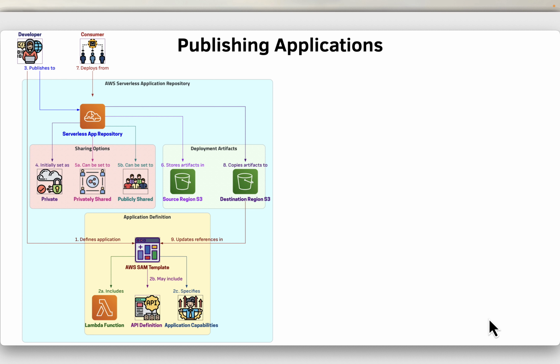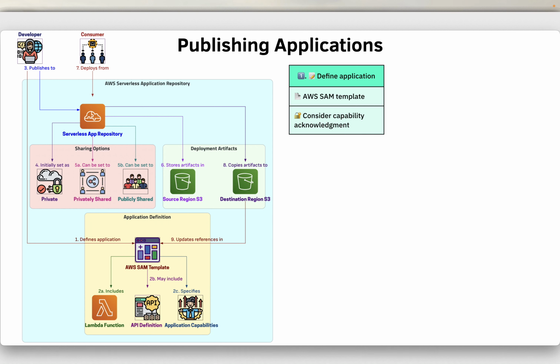So next is publishing applications. To publish a serverless application to the AWS Serverless Application Repository, you first define it using an AWS Serverless Application Model, AWS SAM template. When defining the application, consider whether the consumers will need to acknowledge the application capabilities.